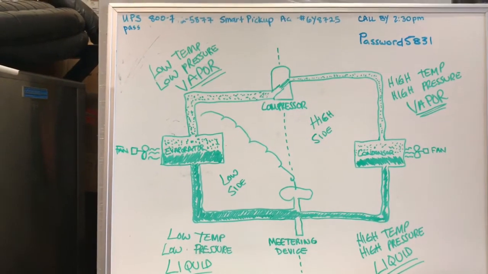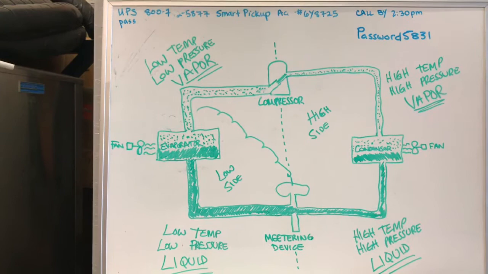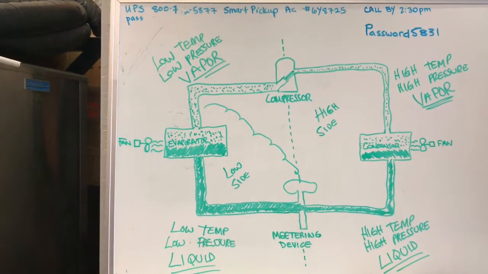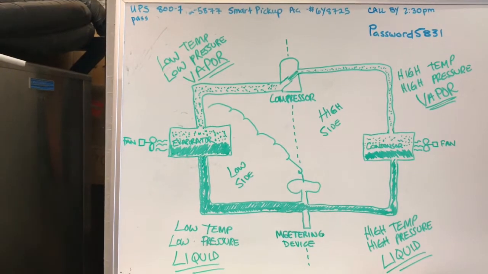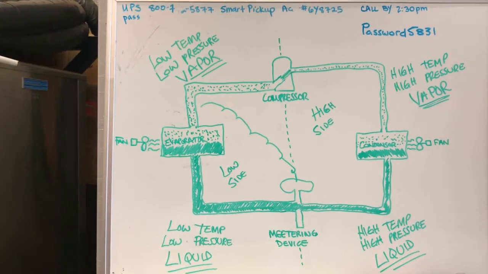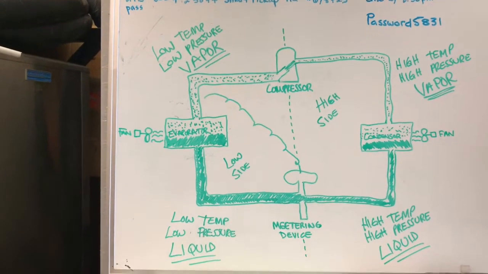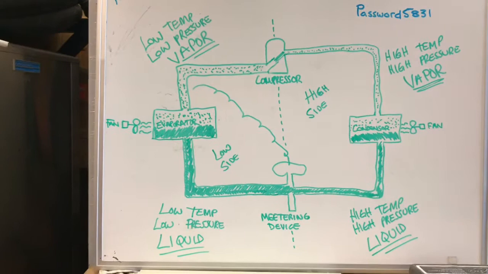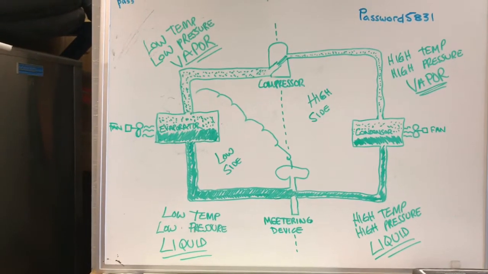And so it exits the evaporator as a low temperature, low pressure vapor. And that completes the cycle back to the compressor. So the compressor can only pump vapor. Some people will call a compressor a vapor pump. You might hear that term from time to time. It's because they can only pump vapor refrigerant.